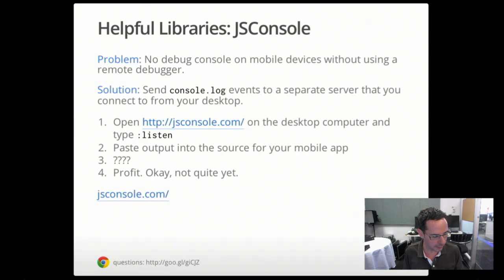One of the big things I've often run into when trying to debug is that there's no real console log. On the iPad and iOS devices, they had it up until iOS 6. They took it away in iOS 6. And on Chrome for Android, or even the Android browser, you don't have access to the debug console unless you do some kind of remote debugging.